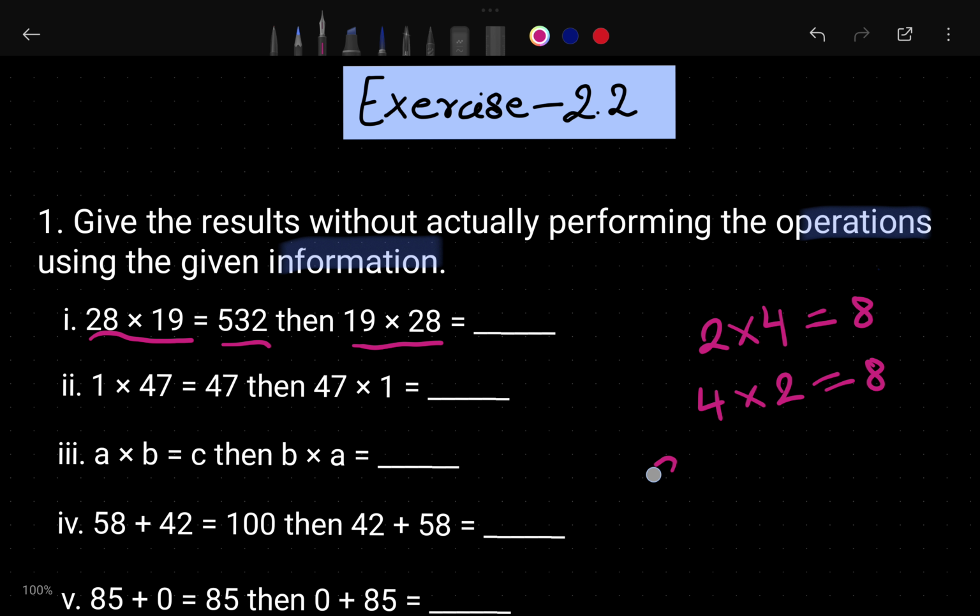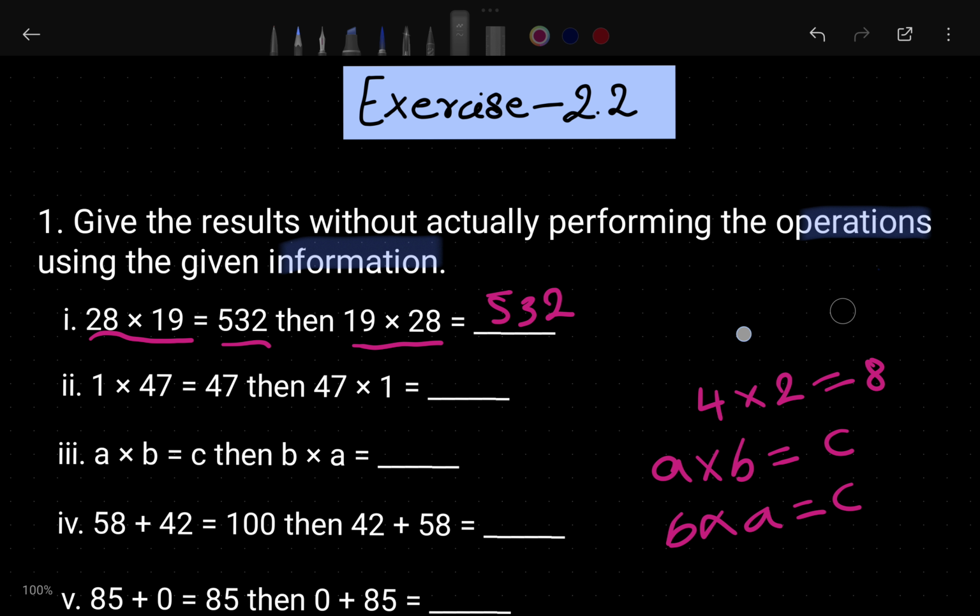We already know that a cross b equals c, or b cross a equals c, both are the same. So here if you multiply 19 into 28, the answer will be 532.